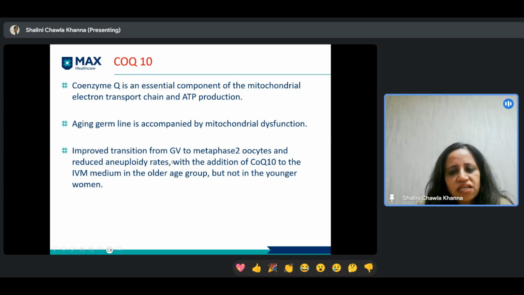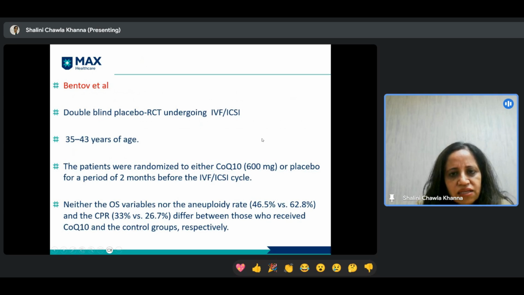Hence, there is an increased aneuploidy rate. And thus, the addition of CoQ in the IVF media, especially in the older age group, has been shown to be beneficial, but mind you, not in the younger women, because in younger women we do not see any mitochondrial dysfunction. Again, this was a study by Bentov et al., a double-blind placebo trial in the women age group of 35 to 43.